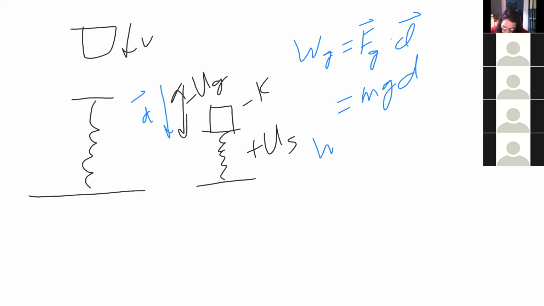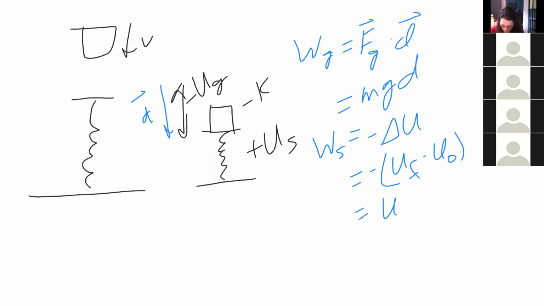If I want to find the work done by the spring, that will be the force of the spring dotted with the displacement. Or we can say the work of the spring will be related to the negative change in the potential energy of the spring, negative U final minus U initial, which is U initial minus U final.